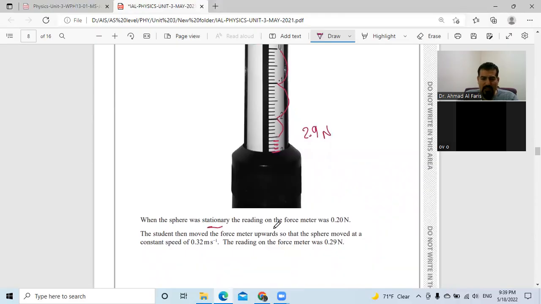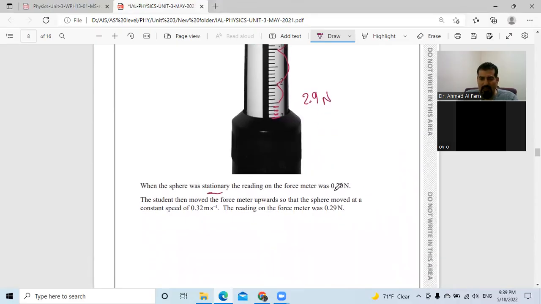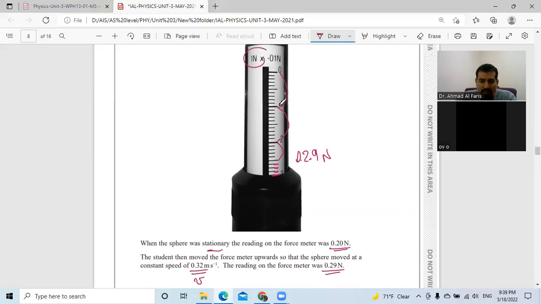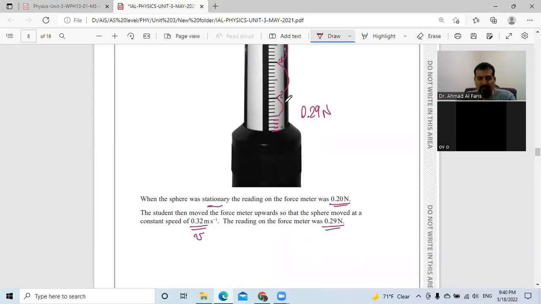When the sphere was stationary, the reading of the force meter was 0.020 Newton. When the student moved the force meter upwards, the sphere moved with a constant speed of 0.32 meters per second. The reading was 0.92. I'm sorry, I just noticed that there is a 0 point here, so 0.29. Good.